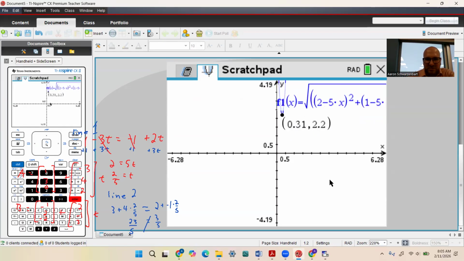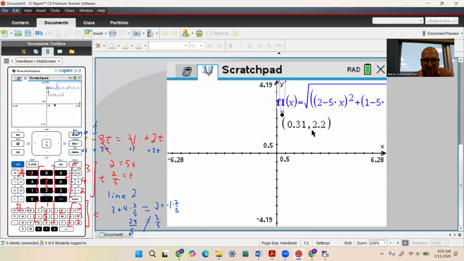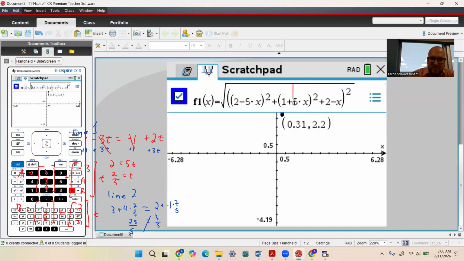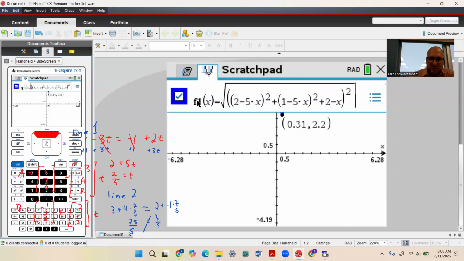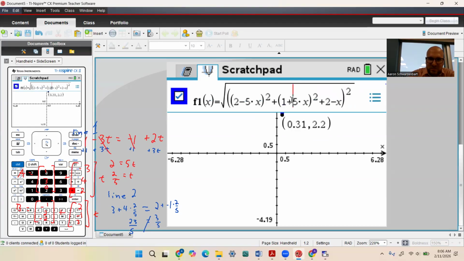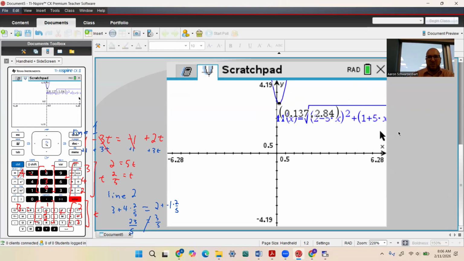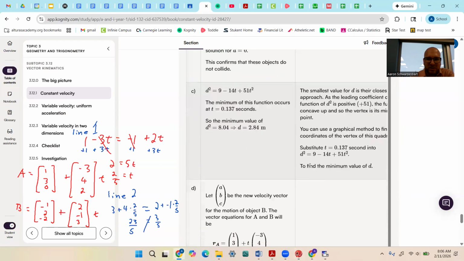Okay, different value. 1 plus 5t. Oh, there's a typo. Okay, 0.137.